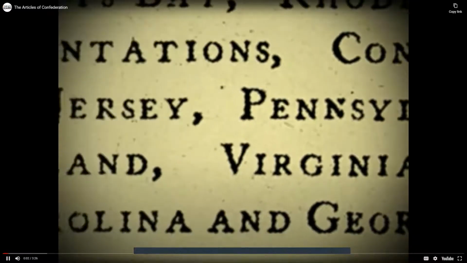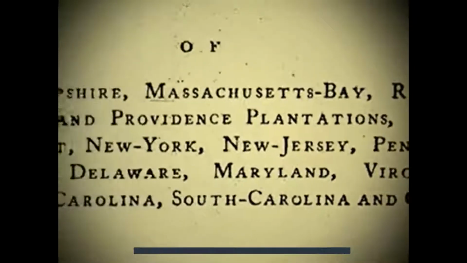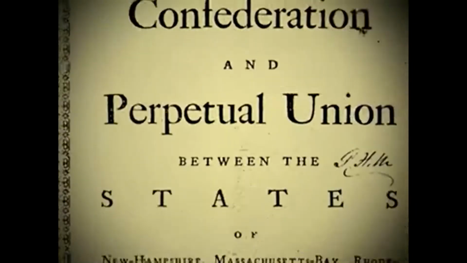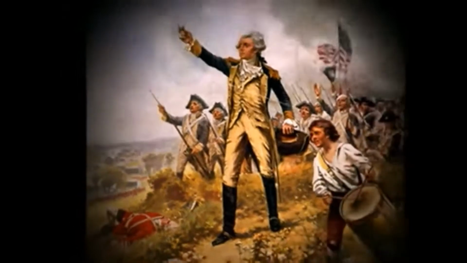The state governments loved the Articles of Confederation because the Articles of Confederation created a government that had very few powers. A lot of times students come to the conclusion that the Articles of Confederation are weak, but in fact what they were is restrictive, and they fit perfectly the goals of the American Revolution. The goal of the Revolution was for local elected legislatures to govern the people.